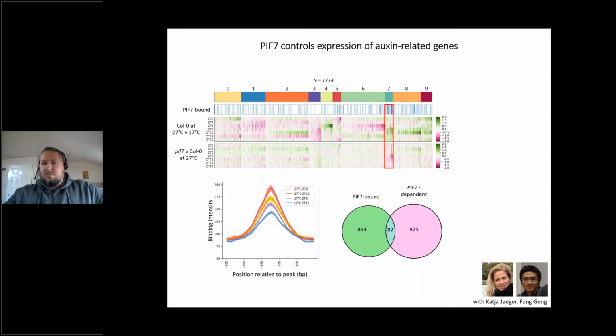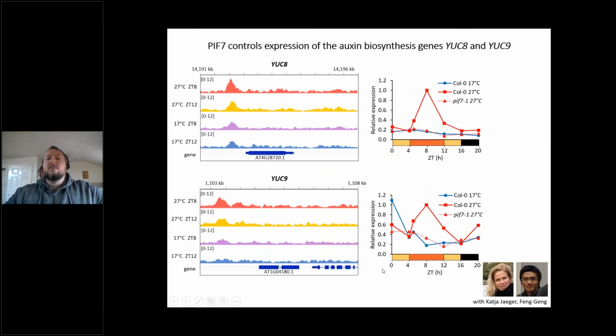However, among these putative direct targets, these 82, this blue group in the middle here, we found the auxin biosynthesis genes YUCCA8 and YUCCA9. You can see on the right here, both YUCCA8 and YUCCA9 show a nice peak in expression under warm long days in the wild type in the middle of the day. And this peak is completely gone in the PIF7 mutant.